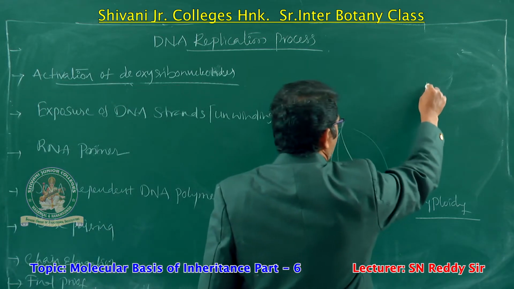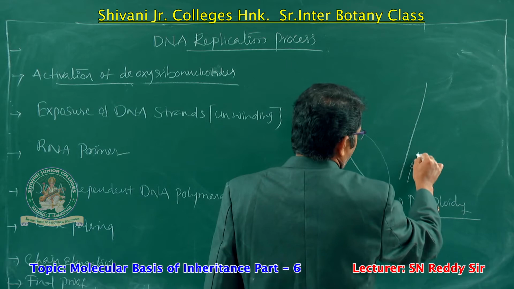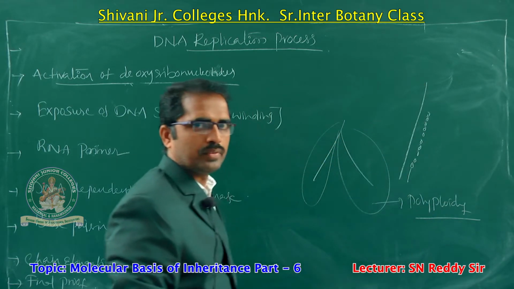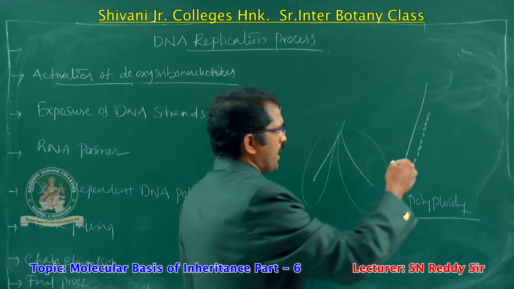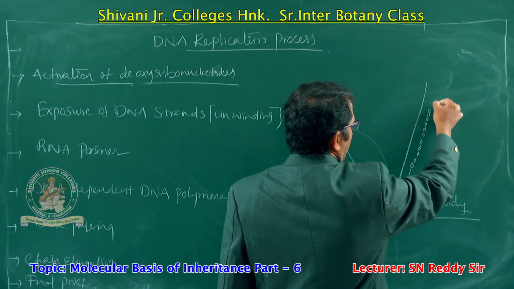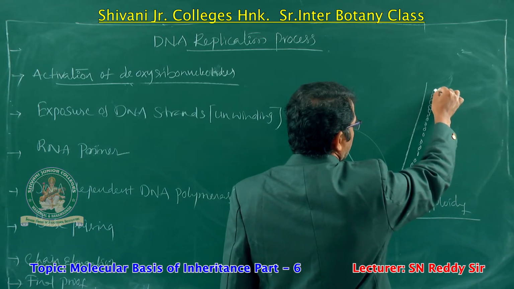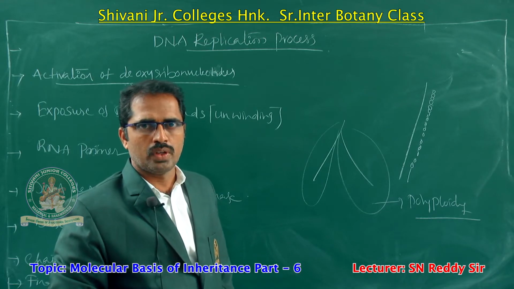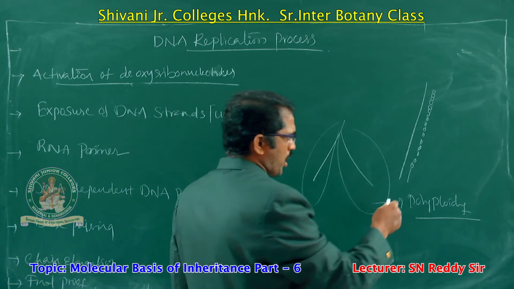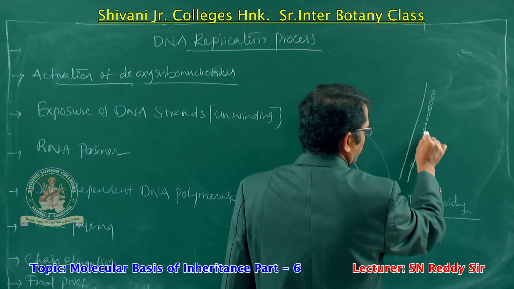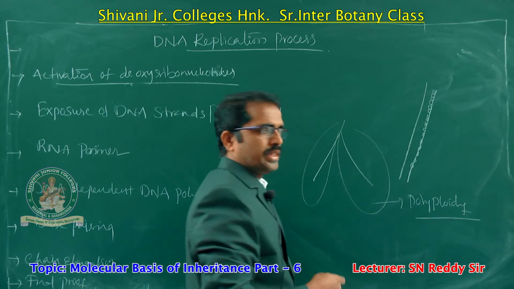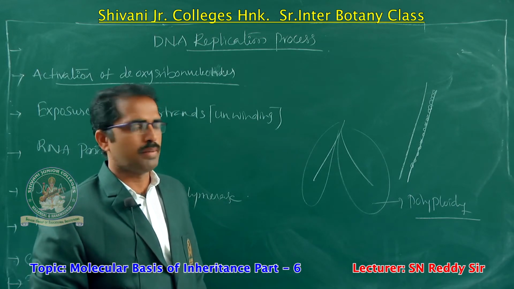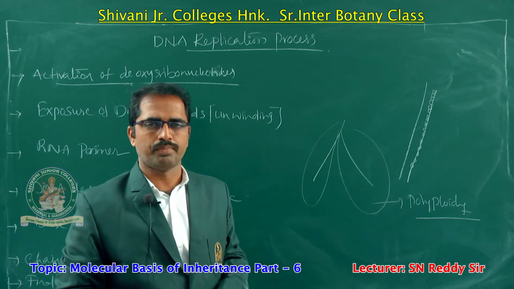The new strand will be synthesized by joining a number of nucleotides continuously, adding new nucleotides to synthesize a polynucleotide chain. The synthesis of a new polynucleotide chain from nucleotides is simply called polymerization.